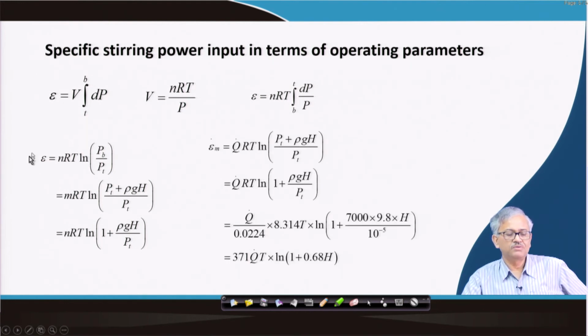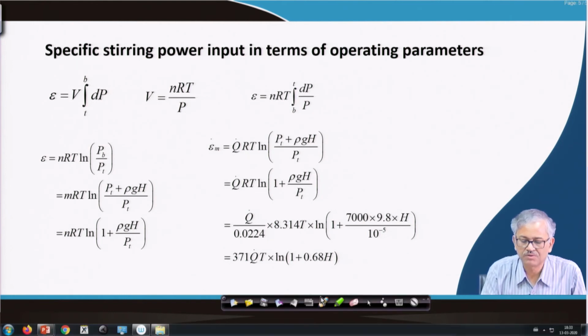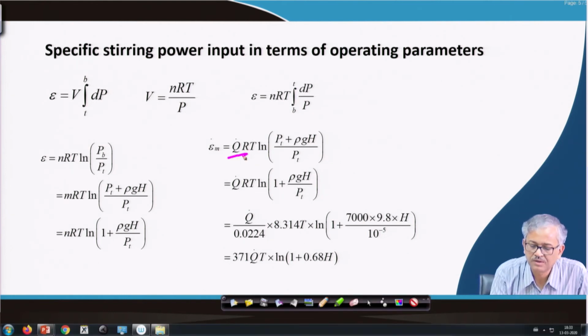And now you convert this to the specific rate of energy input. Here n will be divided by 22.4.